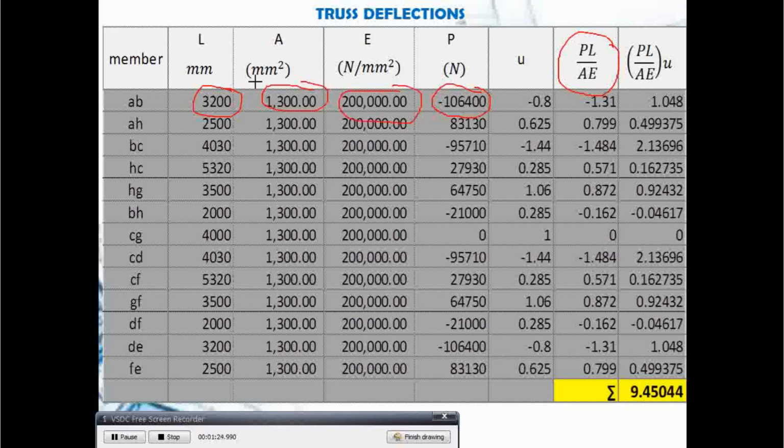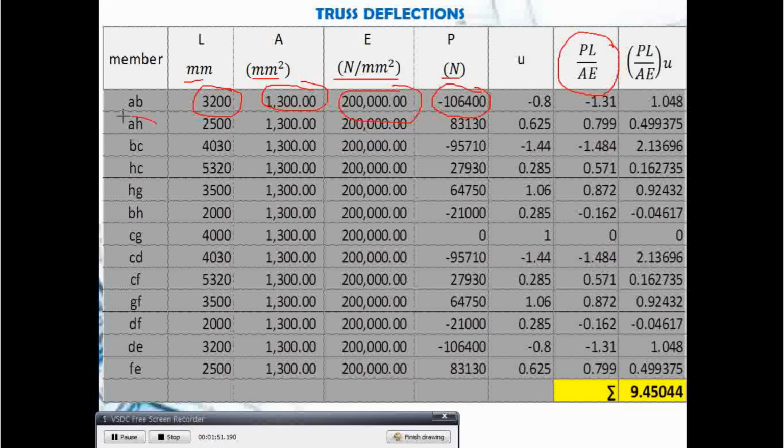Again, you have to make sure that the units are consistent. Ang unit ko for P is newtons. My unit for length is millimeter. My unit for the area is millimeter squared. And my unit for modulus of elasticity is newton per millimeter squared. So, inputting this in your calculator, my PL over AE is equal to negative 1.31.